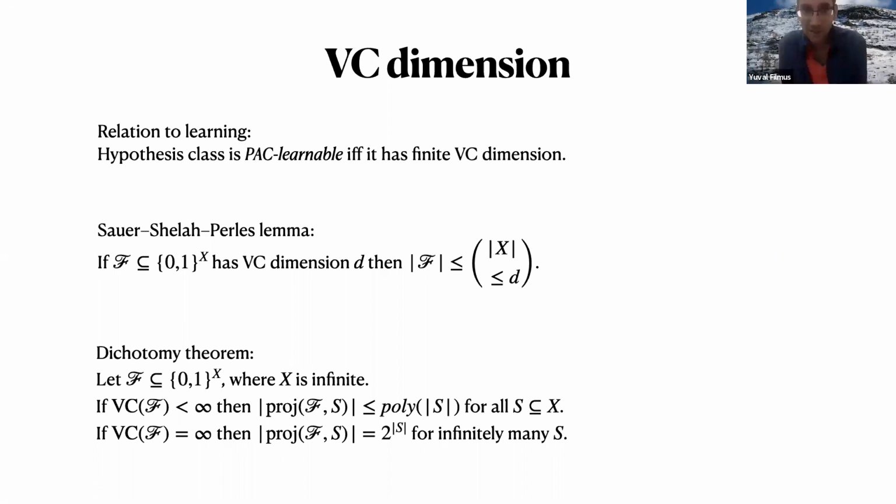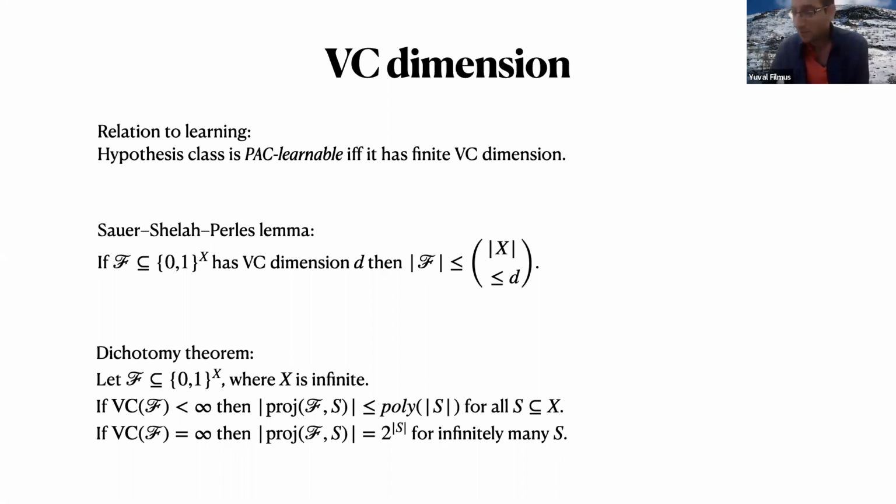So there are basically two options. If the VC dimension is finite, then this thing grows polynomially with the size of S. In contrast, if the VC dimension is infinite, then what this means is that for every D, we can find a set S of size D where this projection has exponential size in D, 2 to the D. Okay, and this is one of the reasons why VC dimension is important, I guess.